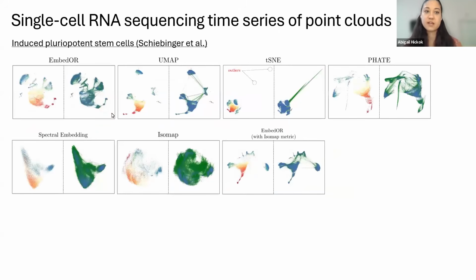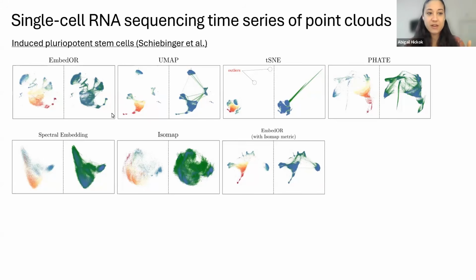Here we have another single cell RNA sequencing data set. This is from the Schiebinger et al. paper. This is studying a developmental process. So here we have 36 different time steps, I think it is, and we have a point cloud of gene expression levels for each cell. And here we're comparing the embeddings of different nonlinear dimension reduction algorithms with EmbedOR.